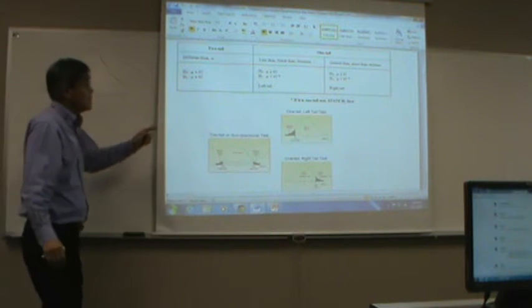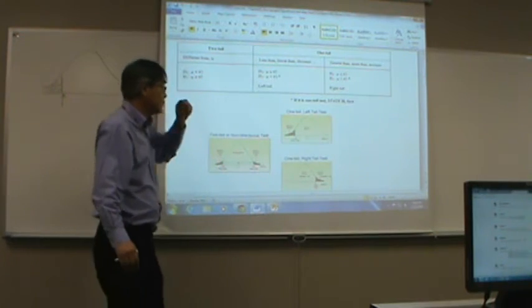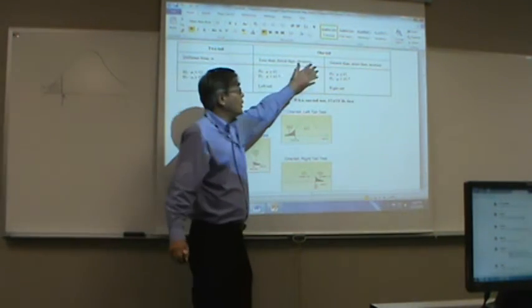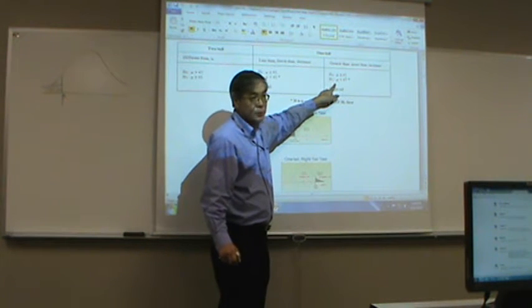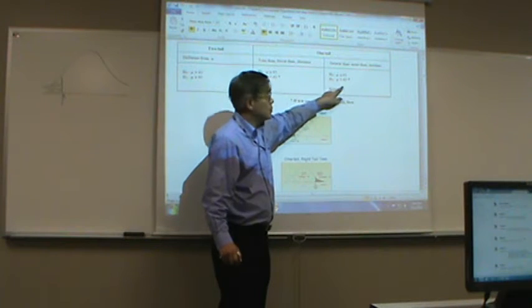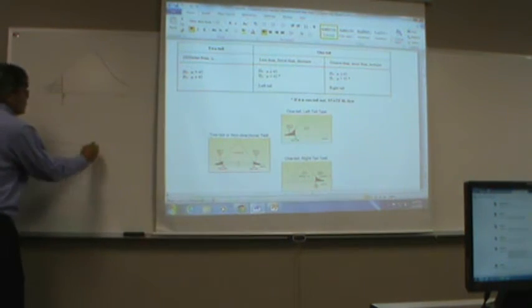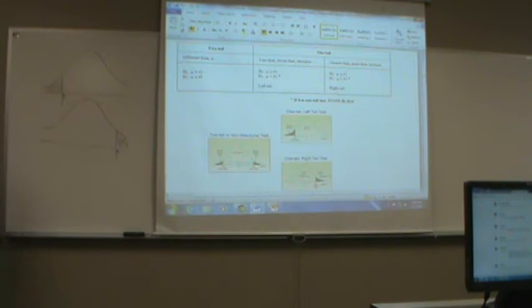So we call this left tail, one tail. And then with greater than, more than, something like this, H1, the alternative hypothesis, greater than, the rejection area is on the right side. So it is right tail, one-tail test.